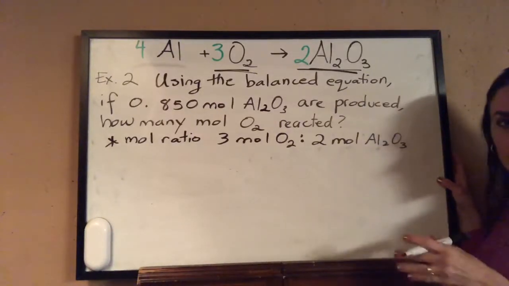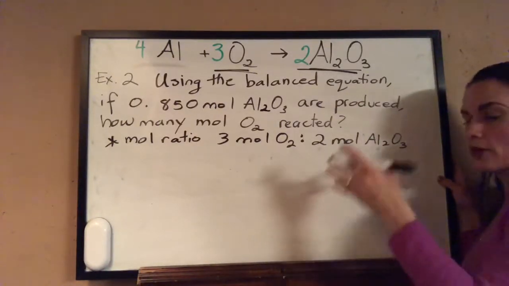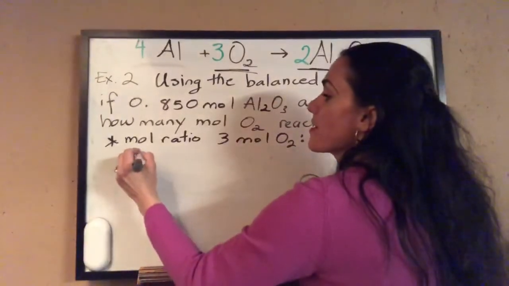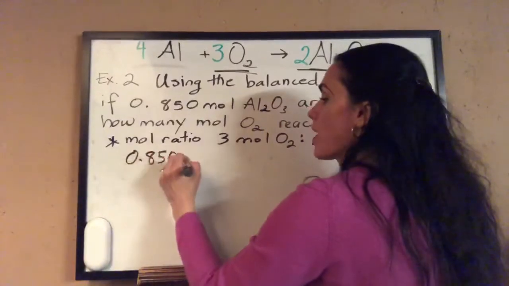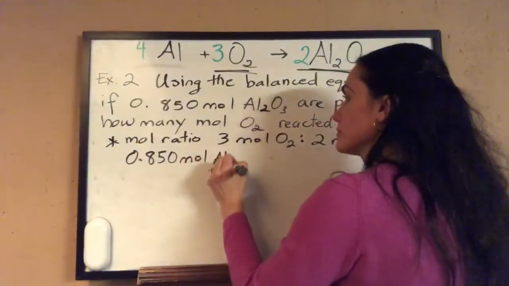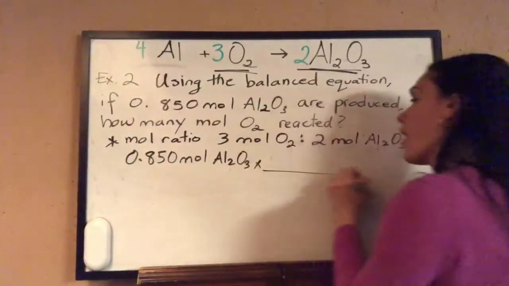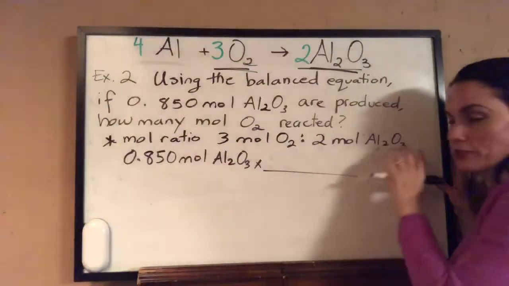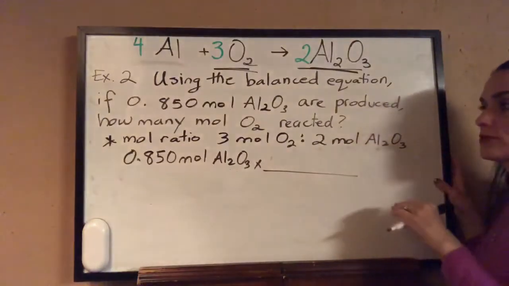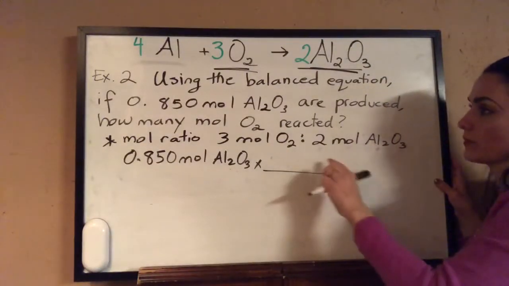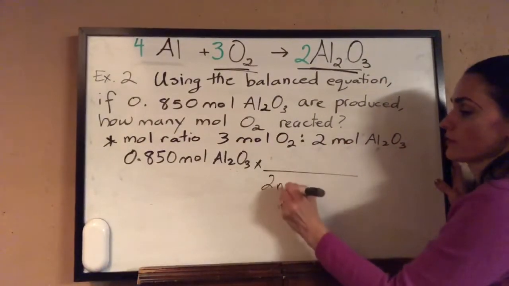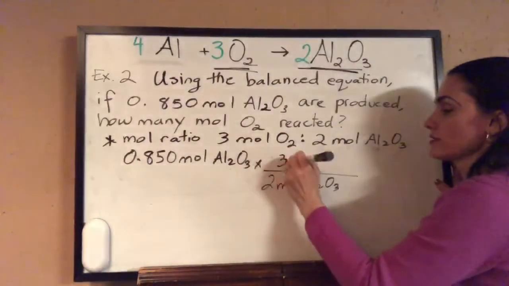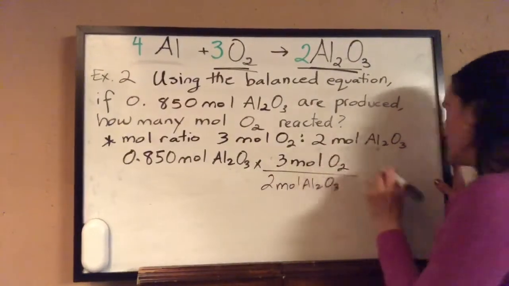Okay, now how we're going to set them up depends upon our given over desired. We're starting off with 0.850 moles of aluminum oxide. And we need to set the mole ratio up so that the desired unit is on the top and the given unit's on the bottom. Okay? Well, 2 moles of aluminum oxide should be in the denominator, and the 3 moles of the oxygen should be in the numerator.